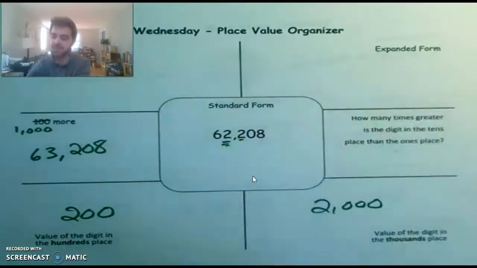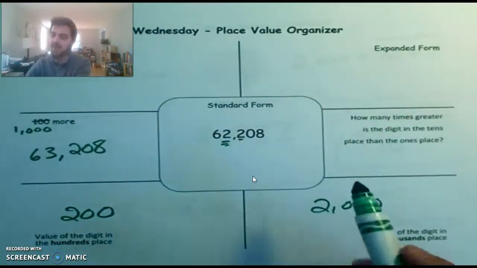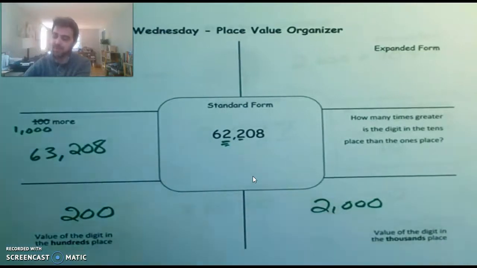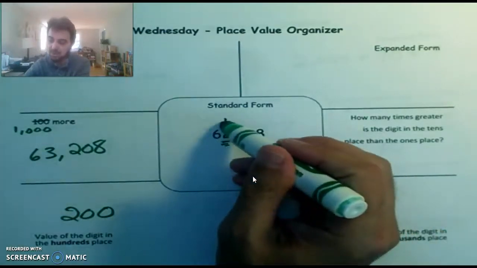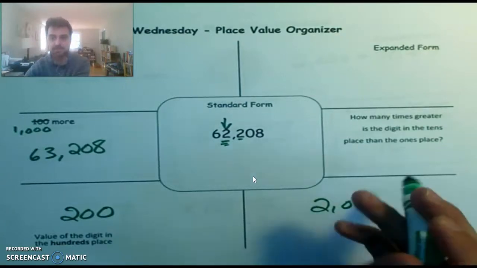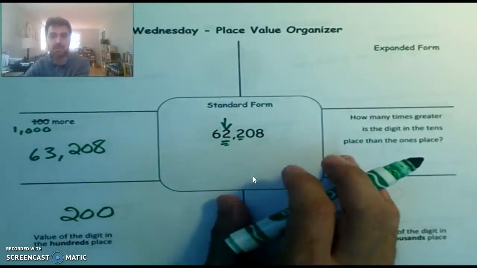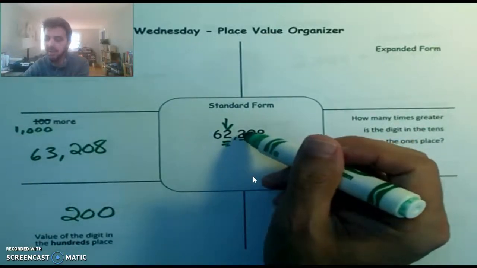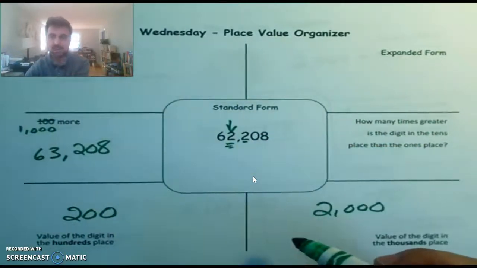Same with expanded form. So how many times greater is the value of this 2 in the thousands place than the hundreds place? That's the question.